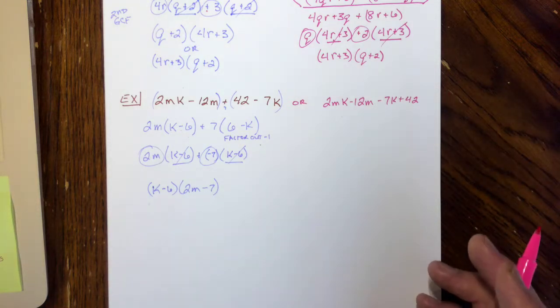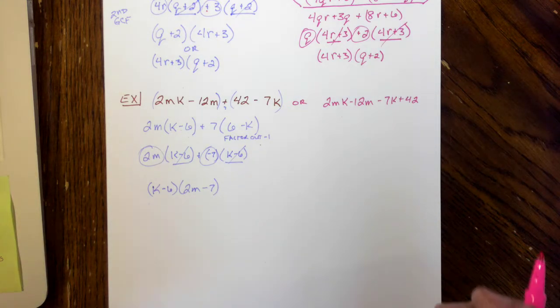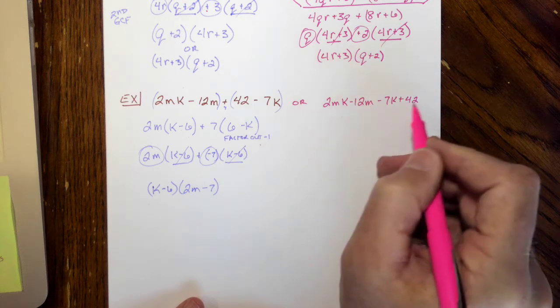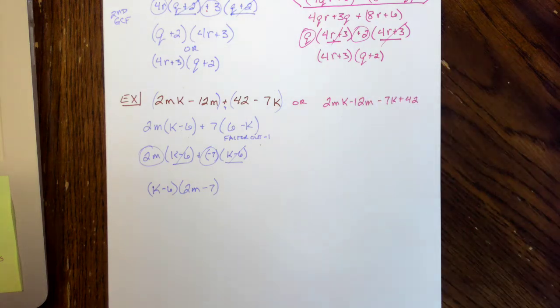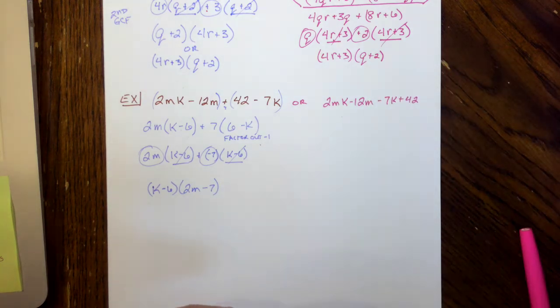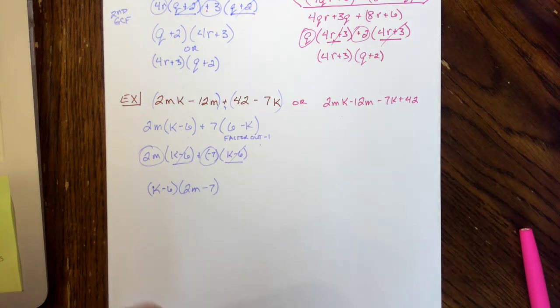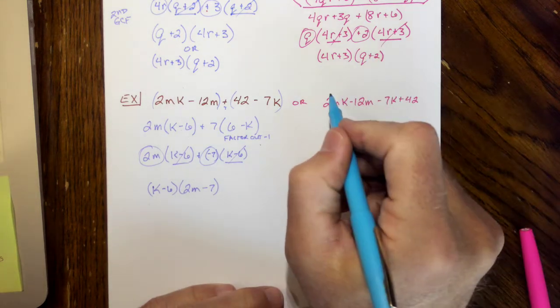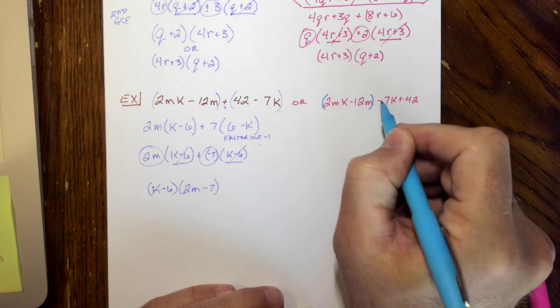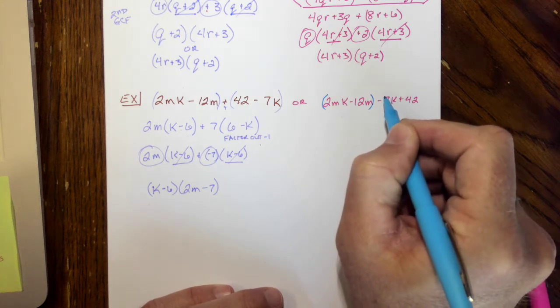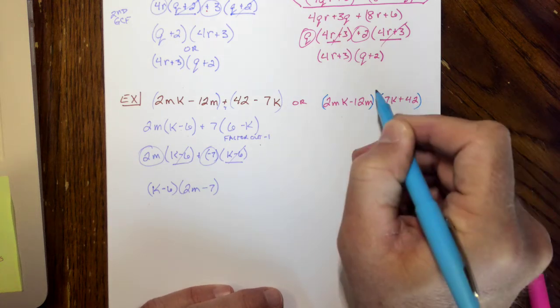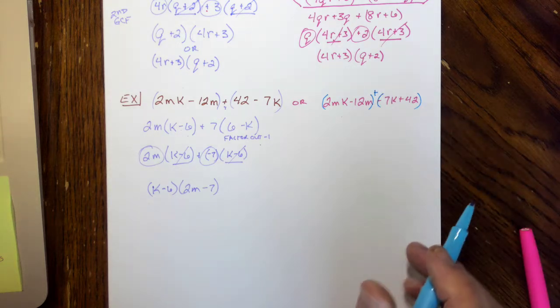Just say it came to us in that order. All right, approach it the same way. I still see things here, but this is the one part I want to talk about, and that is I'm going to group here, but remember I said I want a plus sign in between them, so I don't want to group there and have a minus sign. I'm going to do this and put a plus like that.